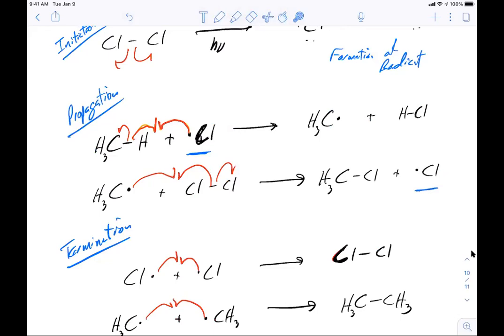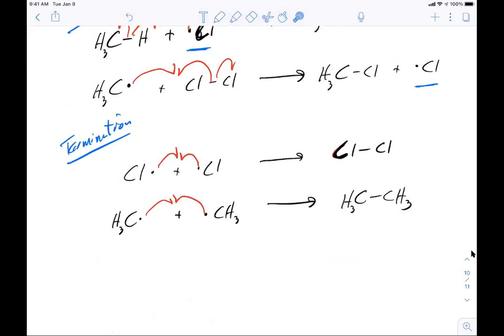So initiation and propagation are pretty well defined. Termination is the one that is any two radicals that terminate, okay? So that could be the methyl radical plus a chlorine radical, right? That's a termination. It makes the product I wanted, but I've stopped the radical process.